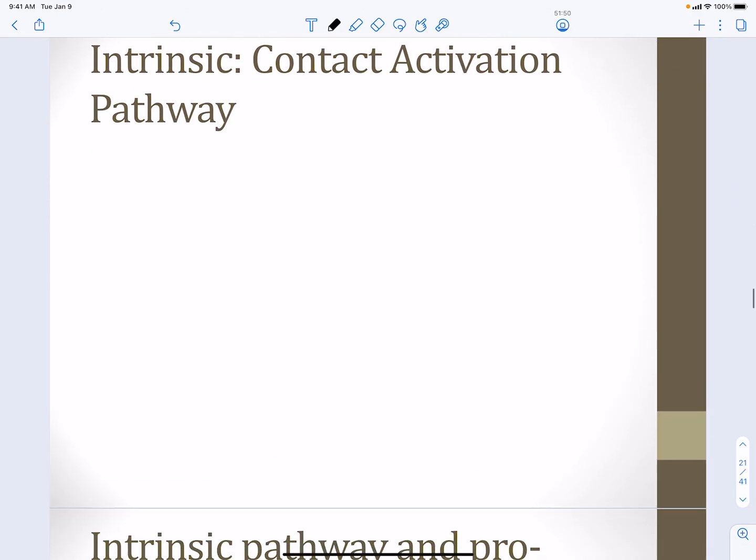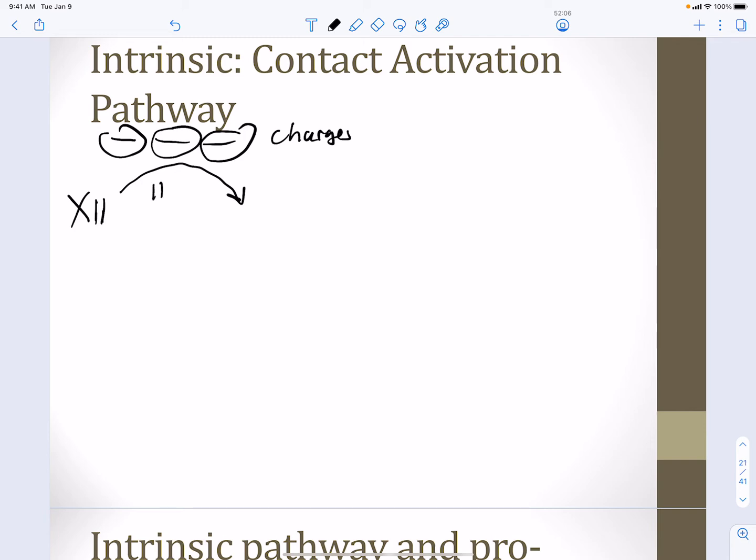Okay, so the intrinsic pathway is basically going to be your negative exposures. So these are charges that are exposed. And then you're going to have your factor 12 that gets activated by that high molecular weight kininogen. And this is going to lead to an activated 12, which then leads to an activated 11, which then leads to an activated 9 in the presence of calcium.